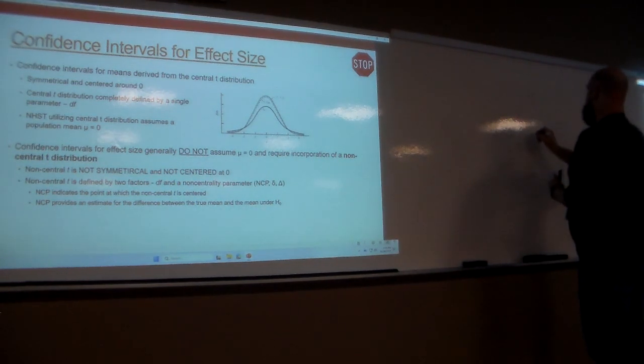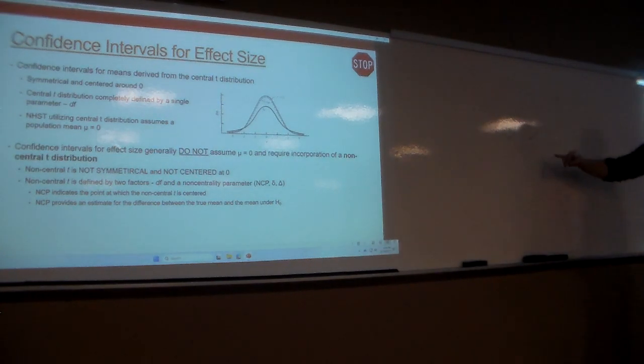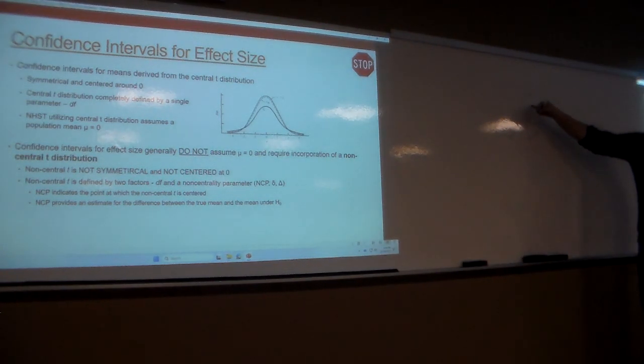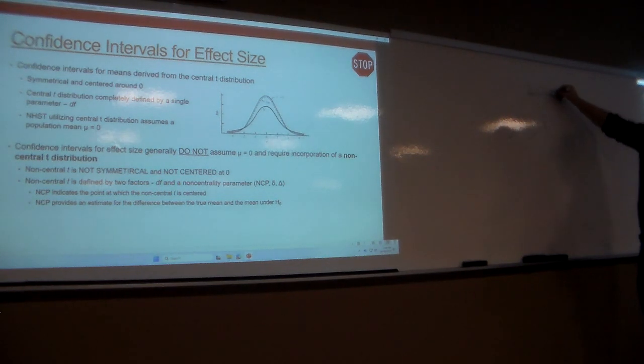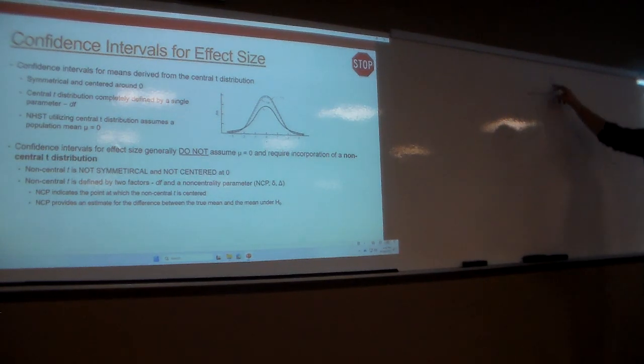Here's my central t, here's my non-central t of what's actually happening. So I can't use this to calculate confidence intervals around effect size, because my effect size is assuming a different distribution, one centered around whatever that sigma value is, okay?